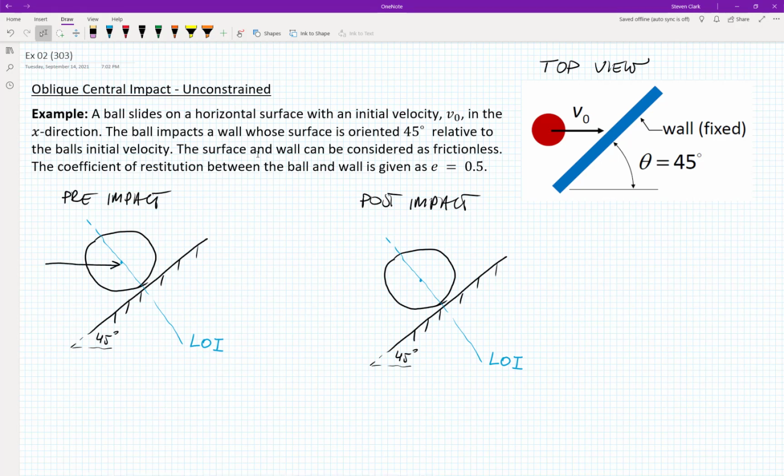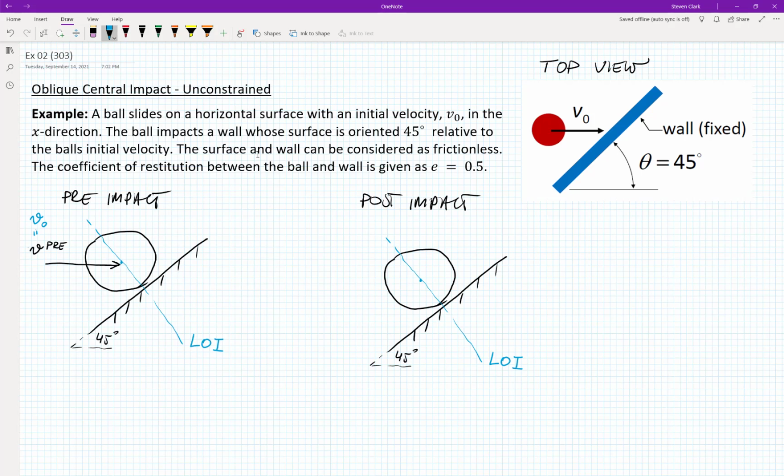This is our v pre-impact, and this one is equal to V0. Okay, so this is not a direct impact. This is oblique impact, because clearly our velocity is not aligned with the line of impact.